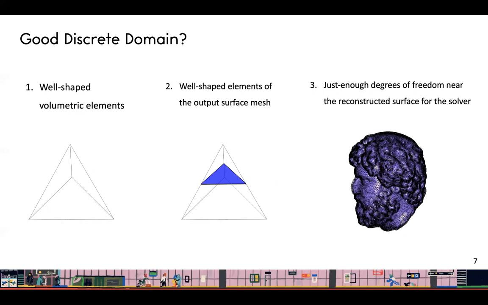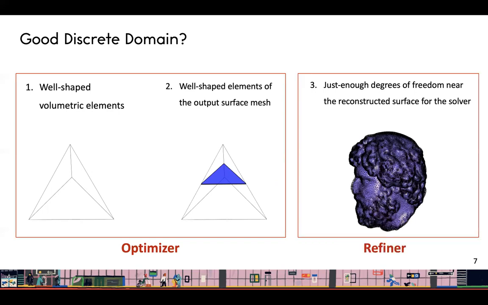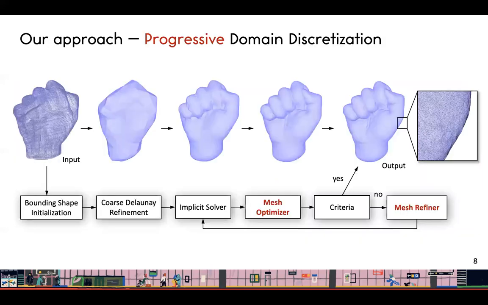To meet all these requirements, we propose a progressive coarse-to-fine approach that jointly refines the implicit function and its representation domain. An optimizer is designed to provide well-shaped elements, and the refiner is designed to provide just enough degrees of freedom. The whole framework is shown in this figure.